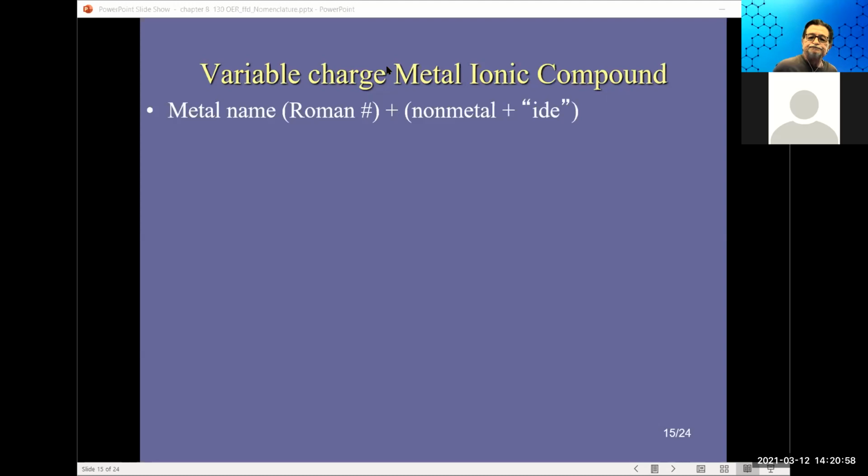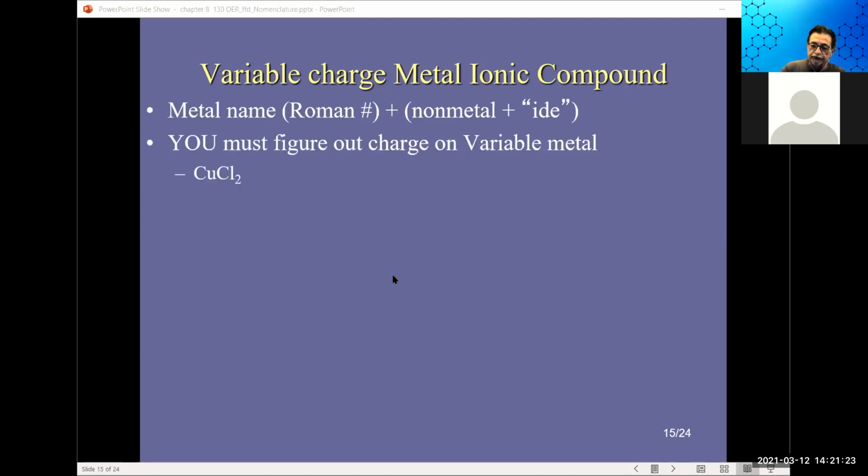Okay, guys, I'm back. All right, so with respect to variable charge metal ionic compounds, we touched on this before. We used the Roman numeral to distinguish which metal we're working with. And then the non-metal remains the same, either as a polyatomic ion or as a single element anion with the -ide suffix.